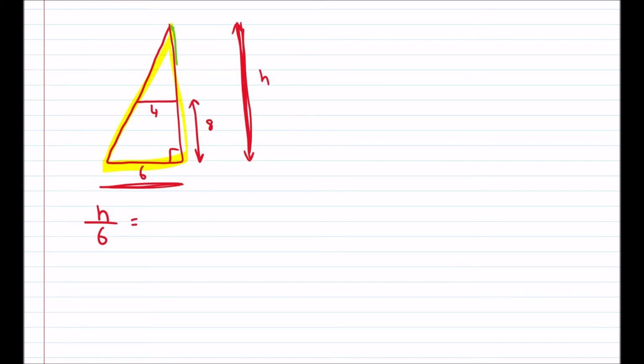Okay, so with that in mind, I can say that in the big triangle, this height, we put it on top here, and the base then we put it on the bottom here. So this ratio, h minus 8.